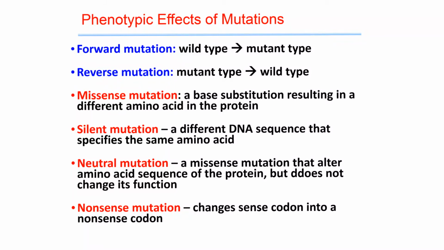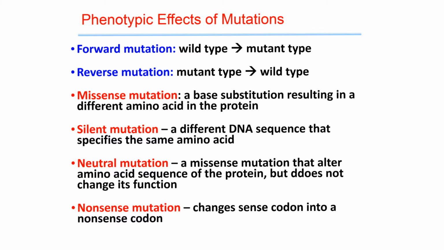In the second recording, we will continue to discuss classification of mutations, and we will start with another way that mutations are classified, and it is based on their phenotypic effect. In the most general way, we can distinguish a mutation on the basis of its phenotype as compared with the wild type.